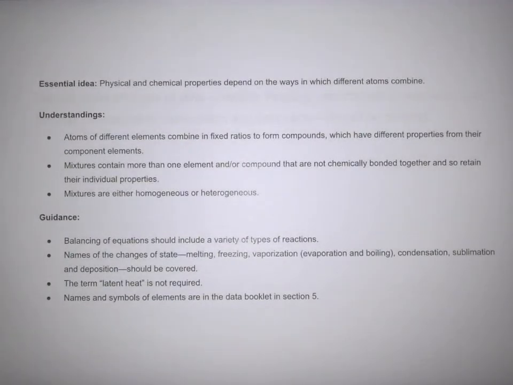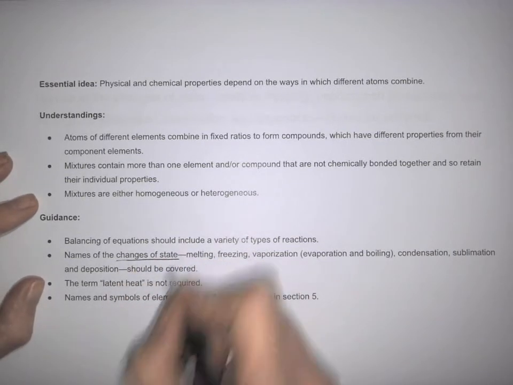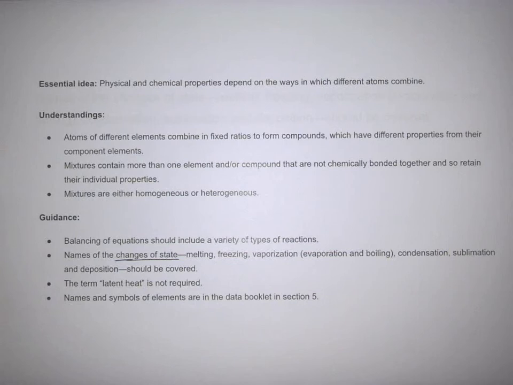The essential idea for this topic is that physical and chemical properties depend on the ways in which the different atoms are combined. There are mainly three different things we are going to focus on this time. The first is the change of states. We're going to look at the notation for the different states and also the names when we change the state, like melting, freezing, boiling, condensation, and so on.